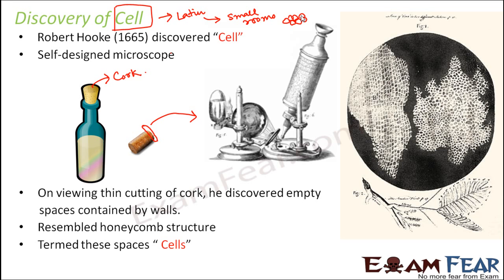This is how the cell was discovered, and these spaces observed by Robert Hooke he termed cells. This was quite interesting, right? Because this work of microscopical studies was assigned to somebody else, Sir Christopher Wren, who handed it over to Robert Hooke, and he ended up discovering the cell.